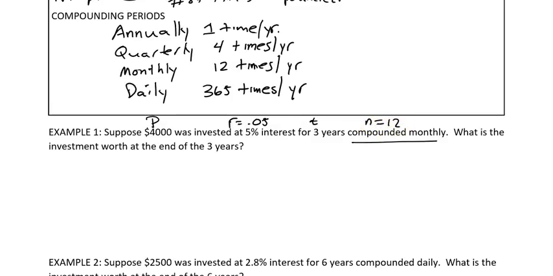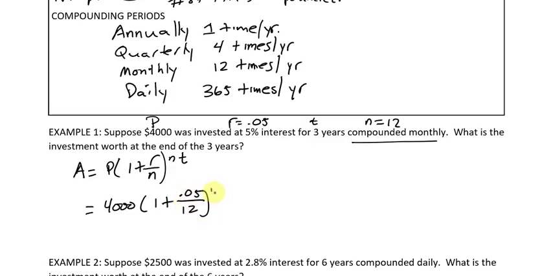So if I have my compound interest formula, I'm going to plug those things in. 4,000, 1 plus 0.05 divided by 12 to the 12 times 3 power.